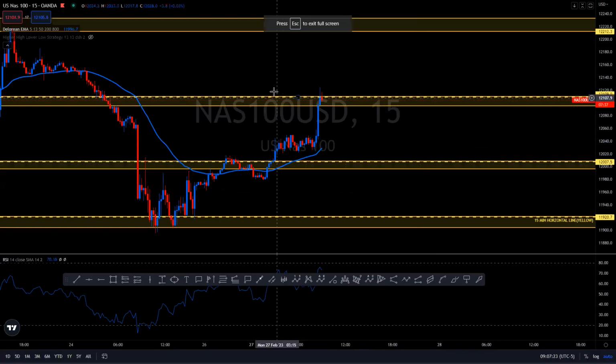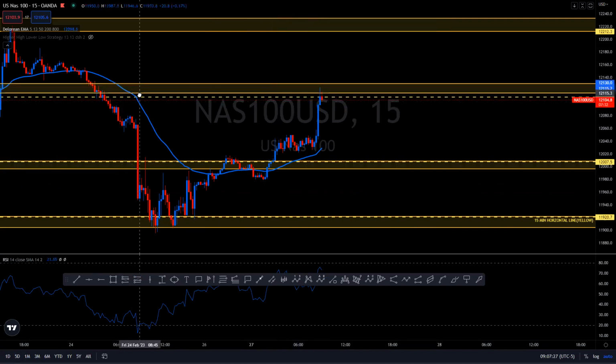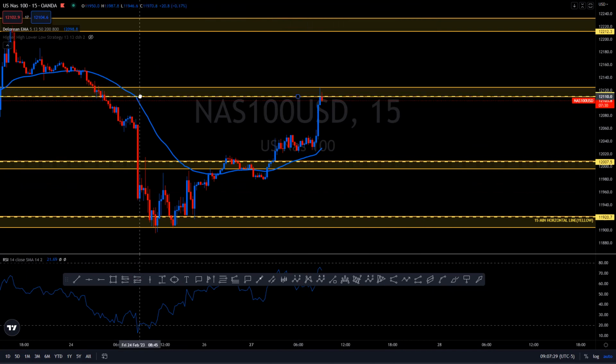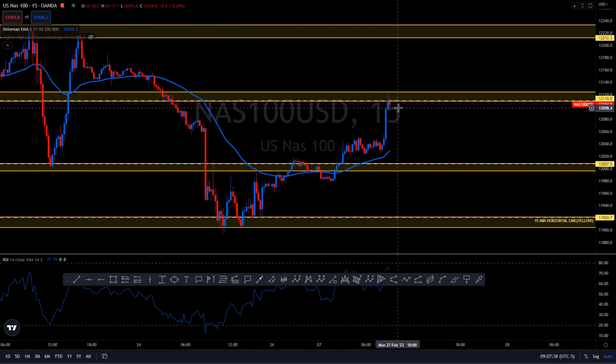Now, I can clearly see that there is a huge supply up in this area. Price respecting the same area, pushed price all the way down. So I can see that there's a huge supply here.